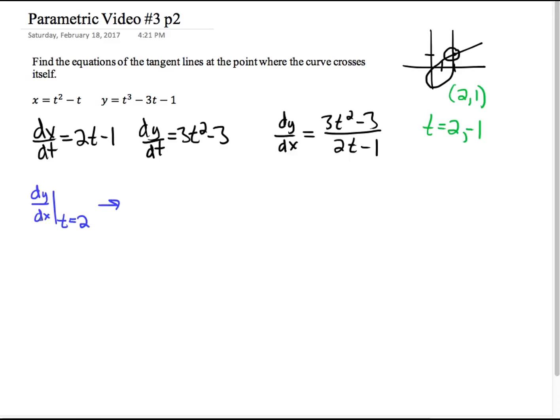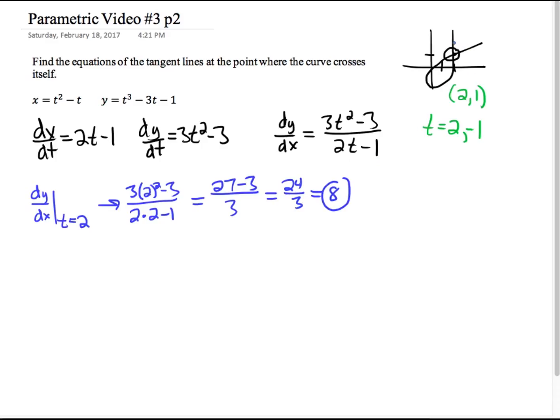You can really see the advantage of Leibniz notation here with the evaluation in parametric land. So at t equals 2, that's going to be 3 times 2 squared minus 3 over 2 times 2 minus 1. That's 3 times 4, 12, minus 3 is 9 over 3, slope of 3.